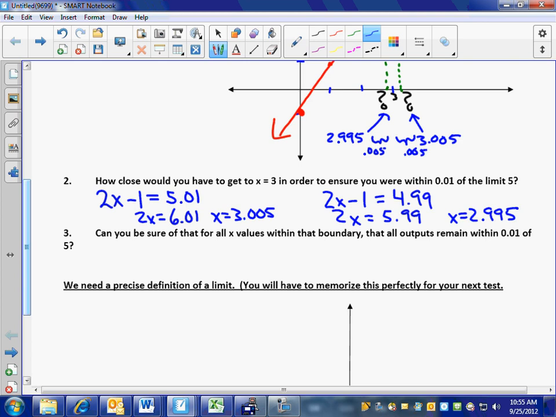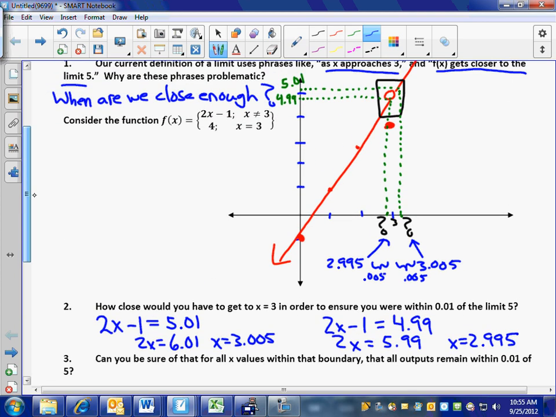So the width away, if we want to come within 100th of a unit of the limit, then our x values need to be within 5 thousandths. In order to move forward to the next step, you have to understand that if I want to be within 100th of the output, then my inputs have to be within 5 thousandths. Okay?